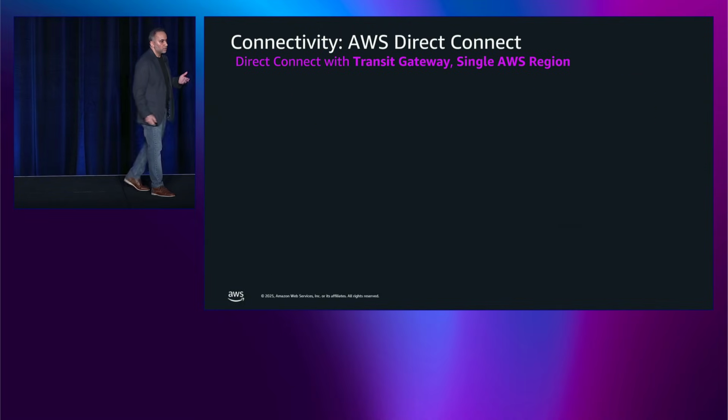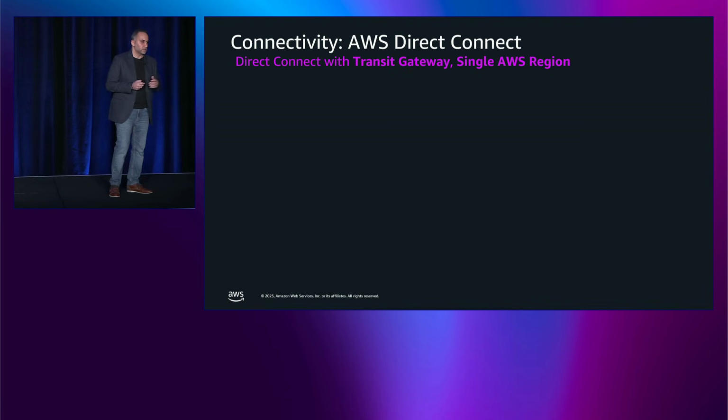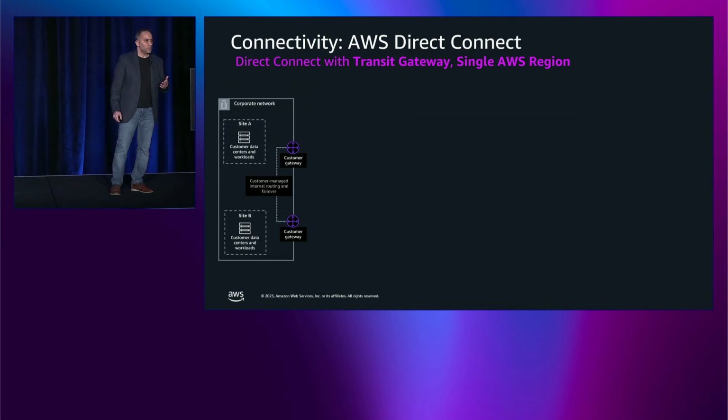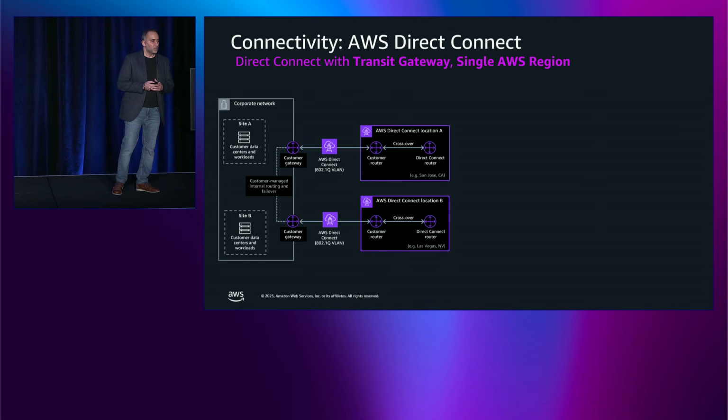Let's dive deep into AWS Direct Connect. We start with on-premise corporate data center. In this architecture, we have two sites, Site A and Site B, representing office locations where users or workloads are located. From here, we connect to AWS Direct Connect locations.